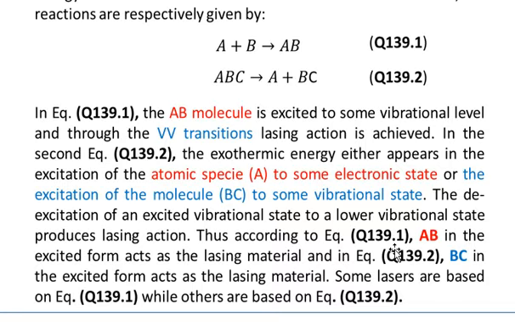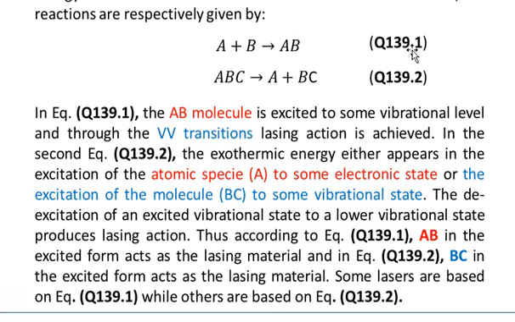Thus, according to equation number 1, AB, the excited form of the molecule, acts as the lasing material. And in equation number 2, BC, the excited form, acts as the lasing material.